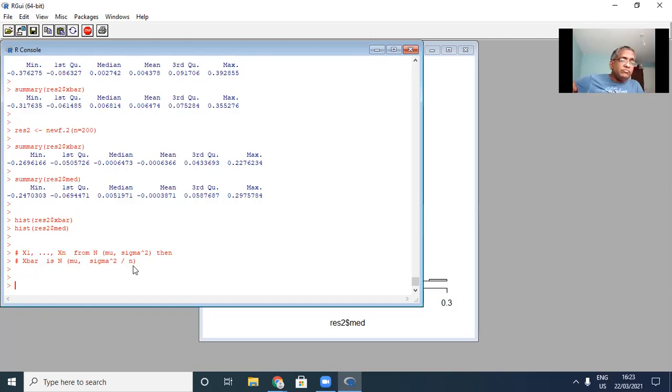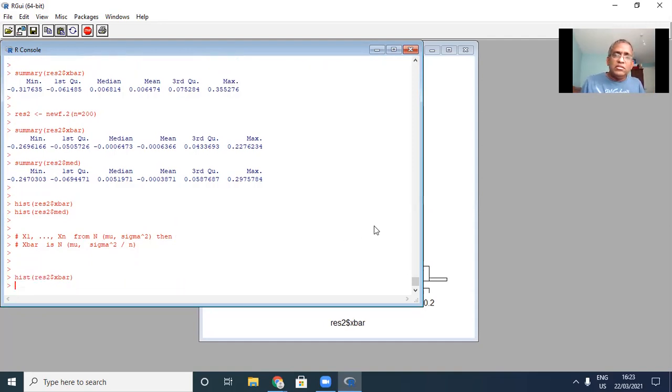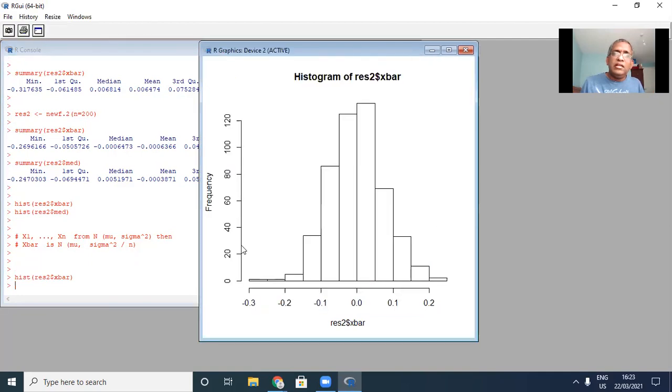Okay, now the first thing I'm going to do is a histogram of this. So what I have done here is the histogram of the simulated data for the x bar values, right?